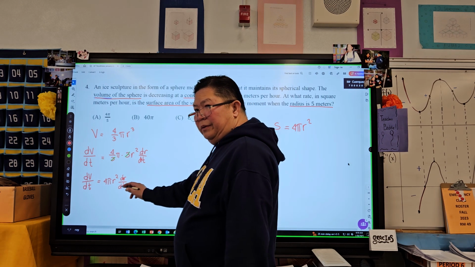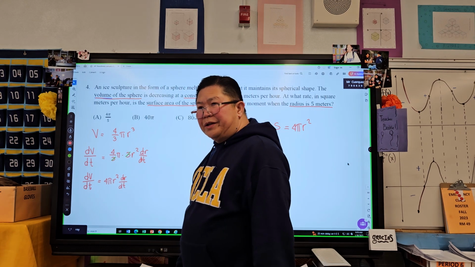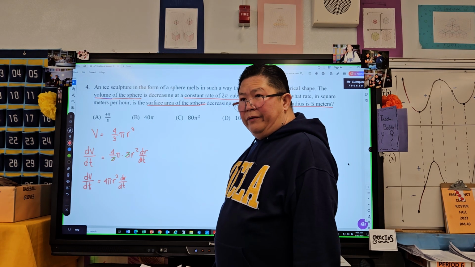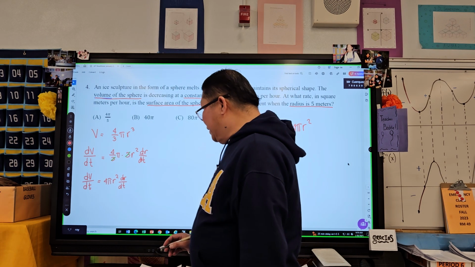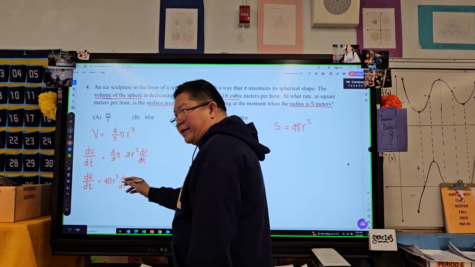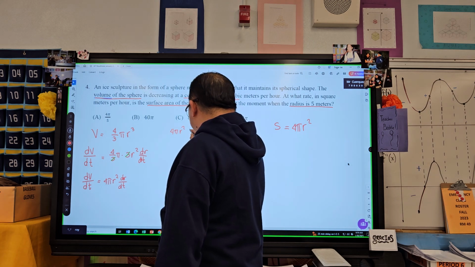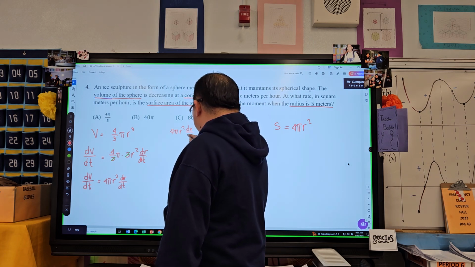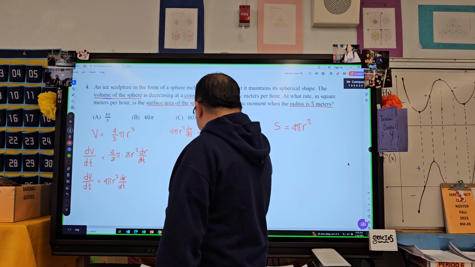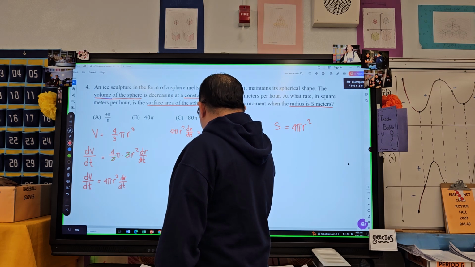What we do with 4 pi r squared is divide both sides. So 4 pi r squared dr dt is equal to dV dt.